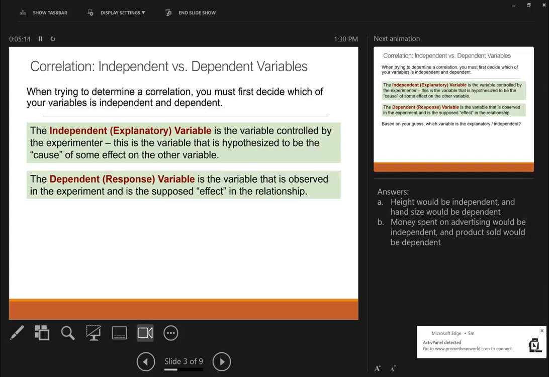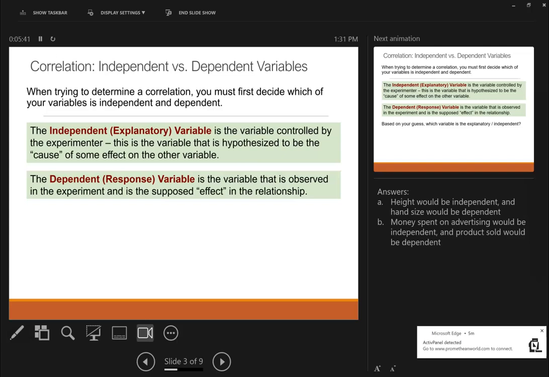If you're doing an IA about how sleep affects school performance, and you choose to look at the hours that a person sleeps and their GPA, which one is the independent variable and which is the dependent?